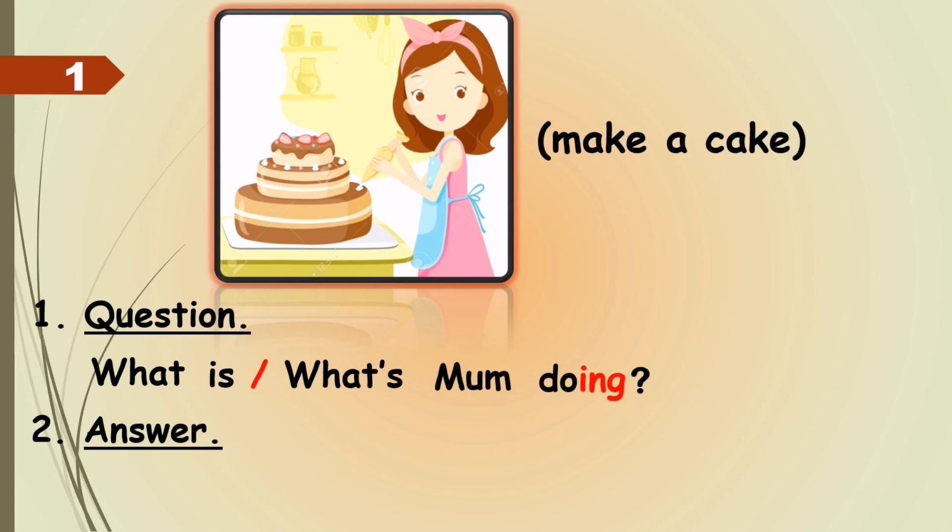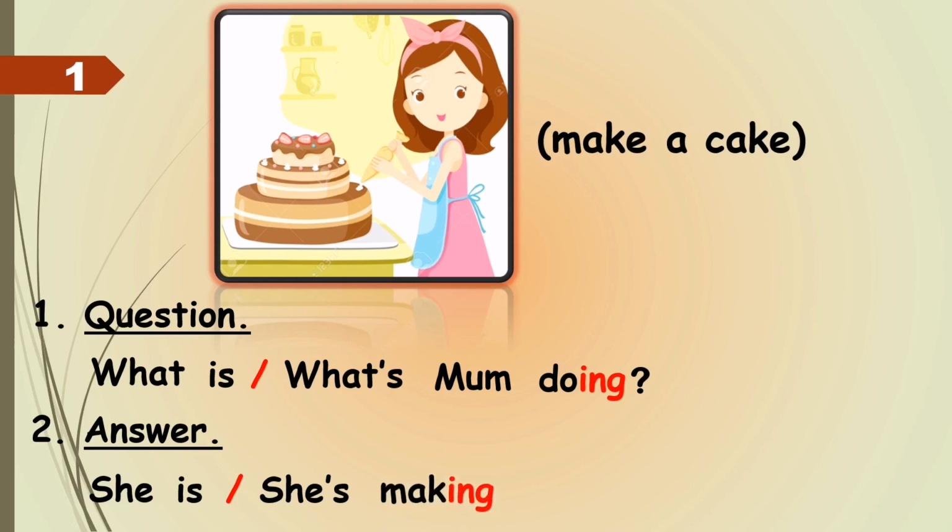Mom is a lady or a woman, so we can use she instead of mom. And the verb to be for she is is. She is, or in the contraction form, she's. And the verb with ing, drop the e plus ing, it becomes making.